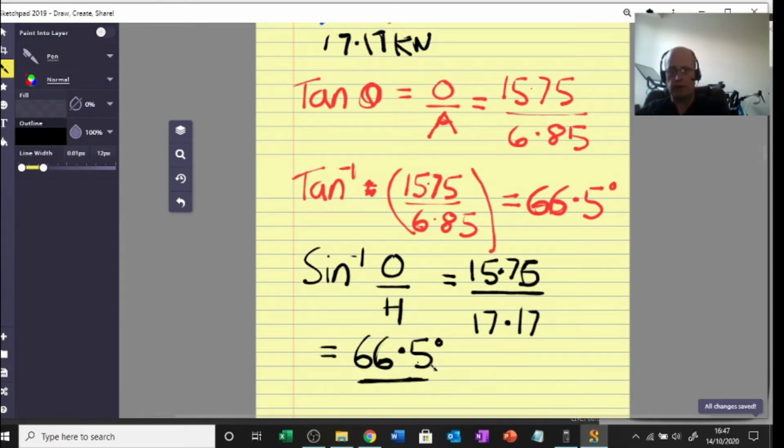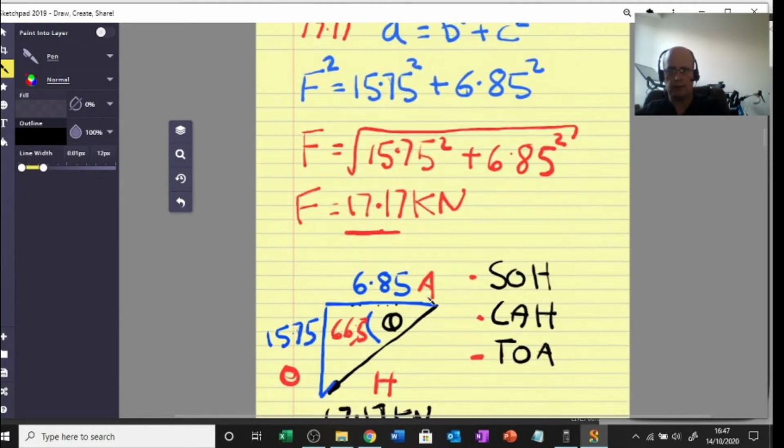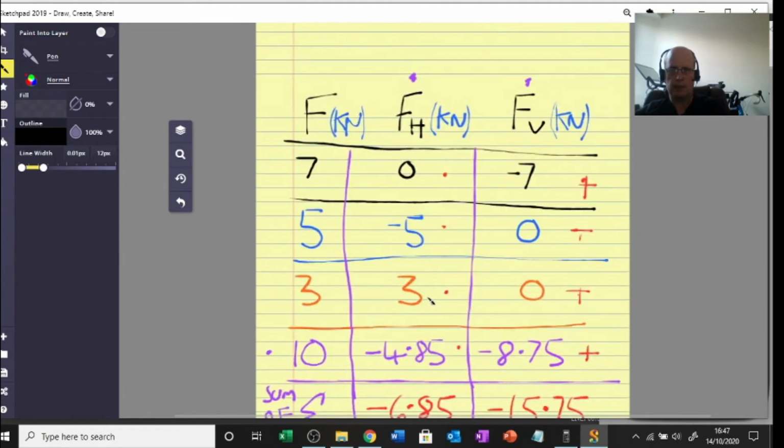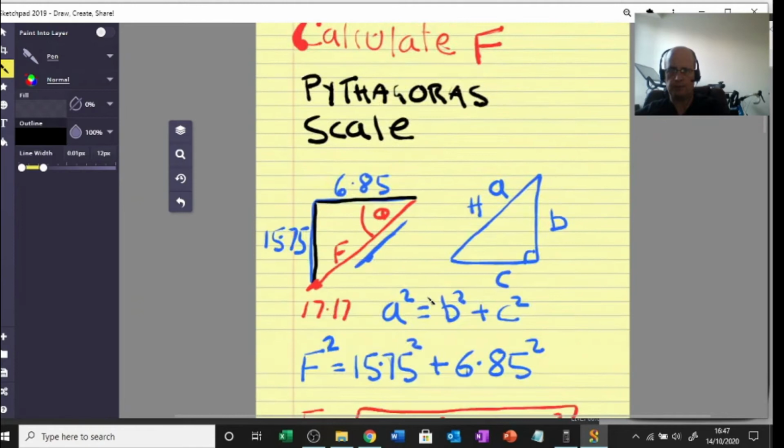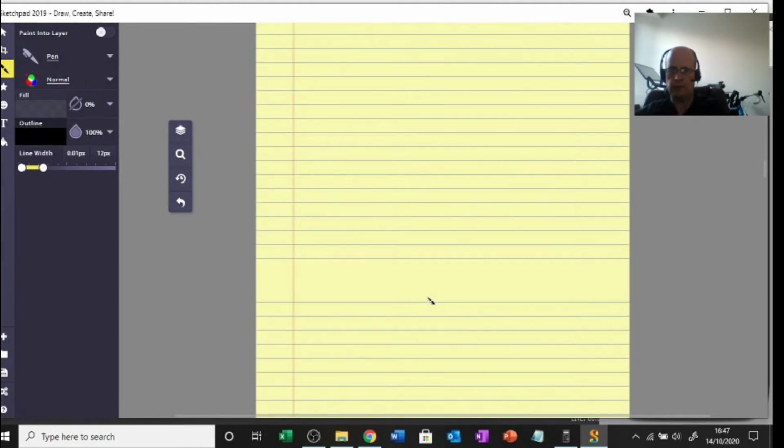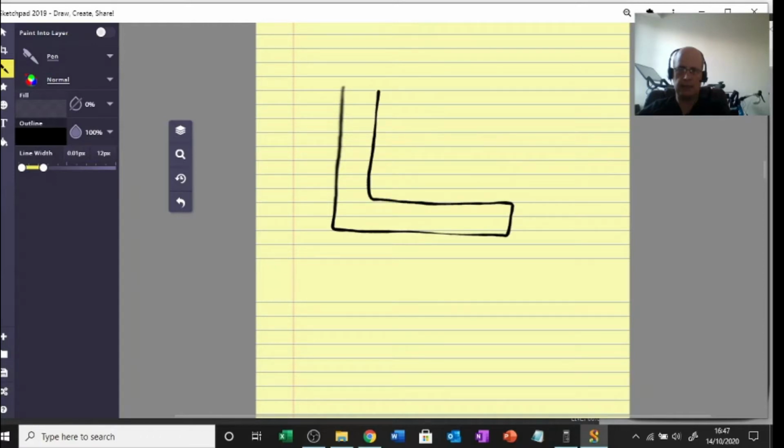So after all of that, what does this thing look like? It's like an L bracket going that way. Here's my L bracket. It's called an L bracket because it looks like an L. We've done the resultant force and we've done the angle.